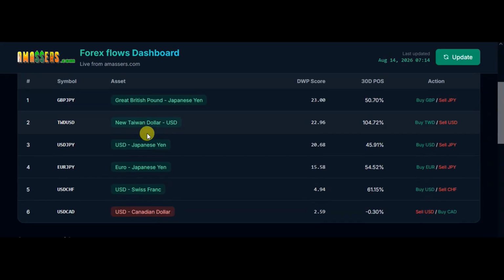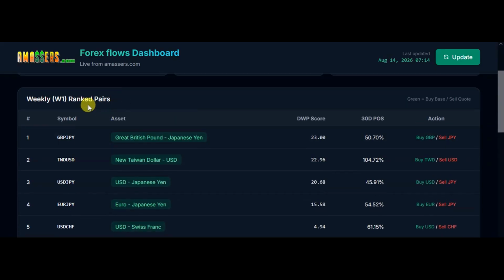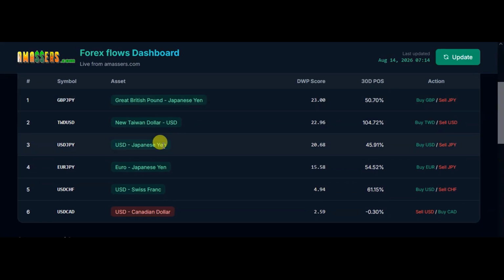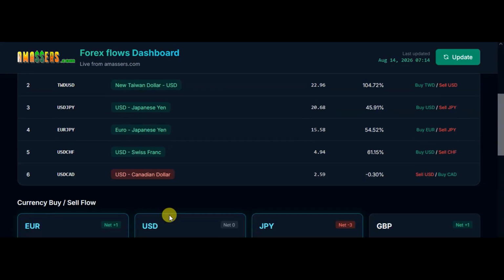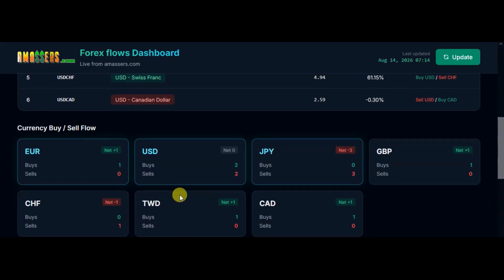Now right here we've got similar to what's happening on our chart. We've got all of the pairs that are showing up on the screener, their 30-day, their scores, and you can see we've got the same 5 to 1 that are green, buying as opposed to selling.